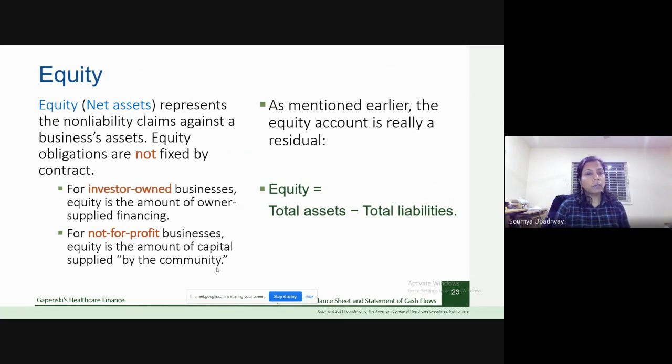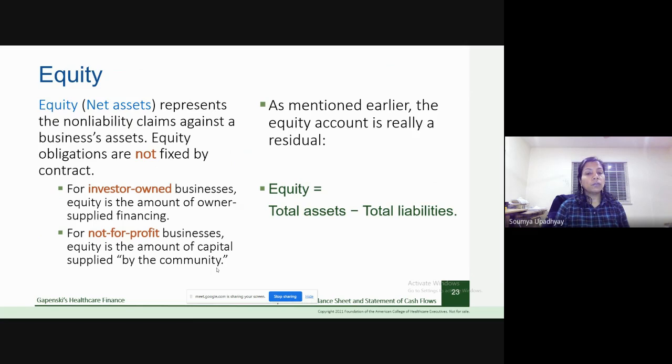They are not fixed by contract. Nobody tells you, oh, we are going to pay you $150,000 over a period of 10 years. So there is no contract there. For investor-owned businesses, equity is the amount of owner-supplied financing. So the money that is generated by the business or the hospital itself, when it is an investor-owned hospital and they're financing themselves, that is the equity.